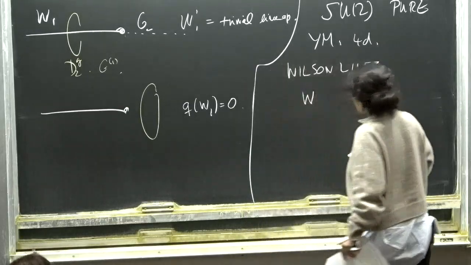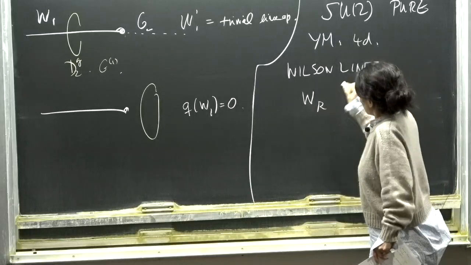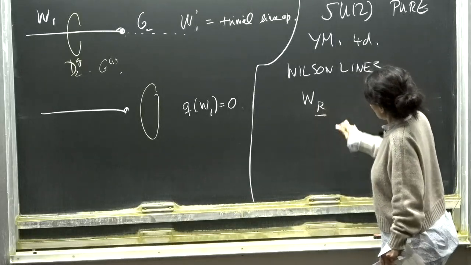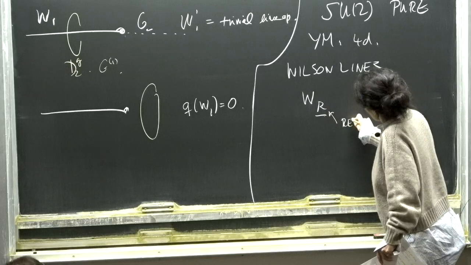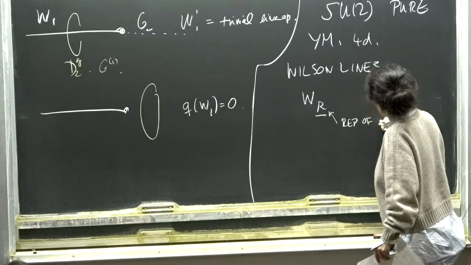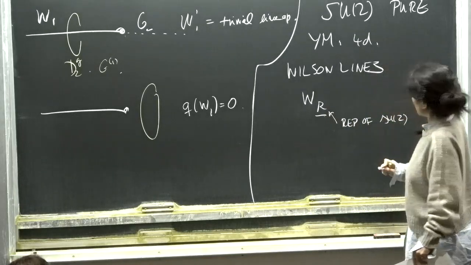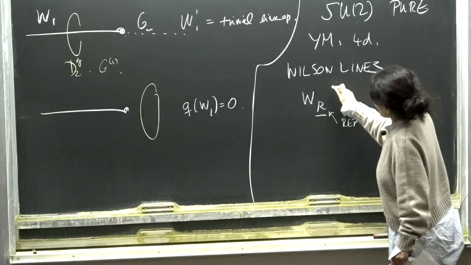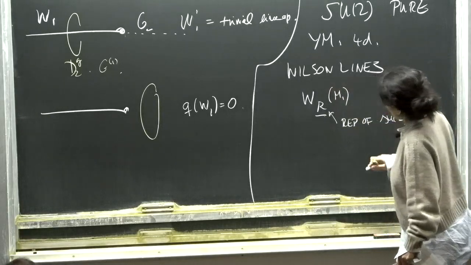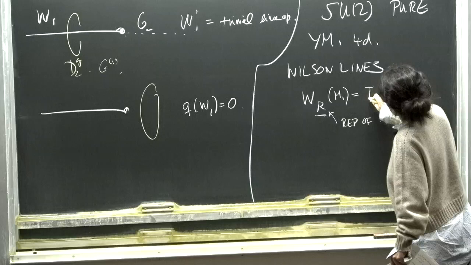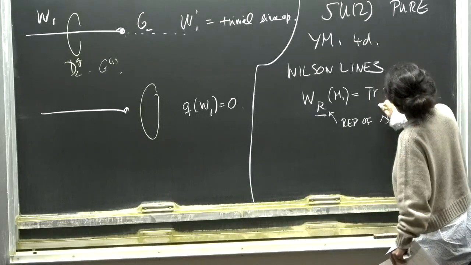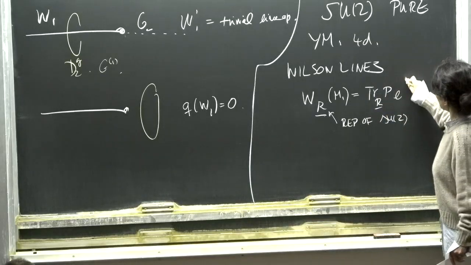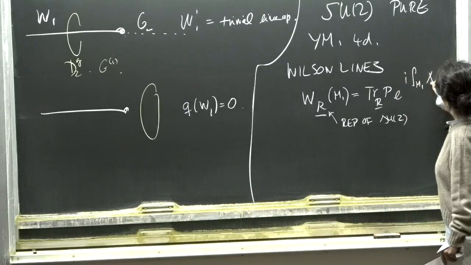And Wilson lines essentially are, in some representation R of the algebra SU2, and some path, let's call it again M1. So this is some path-ordered exponential trace in the representation R of A.